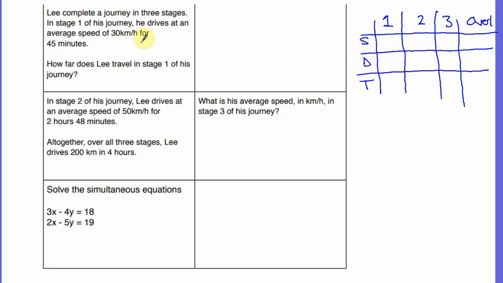So, reading the question and let's fill in some values that we can. So, in stage 1, he drives at an average speed of 30 kilometers per hour. So, 30 is our speed, and for 45 minutes.